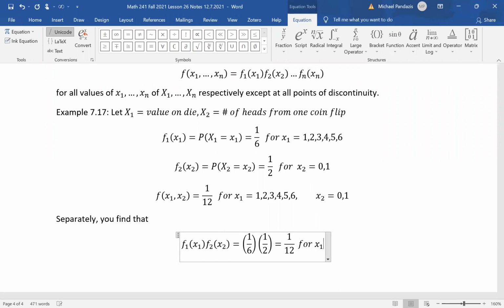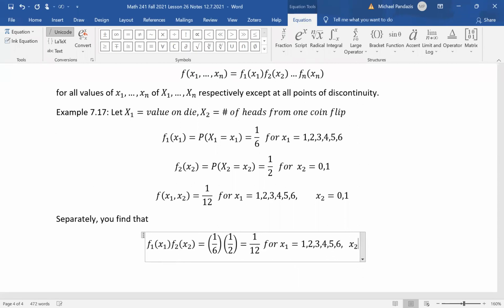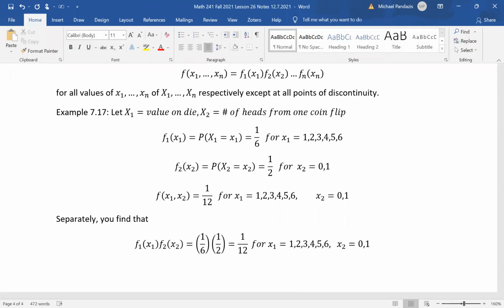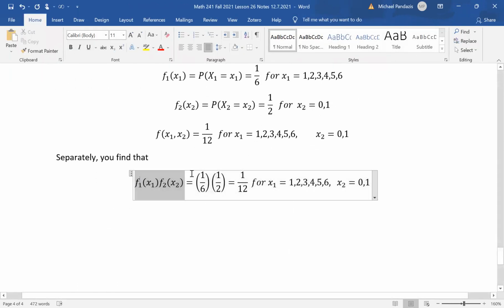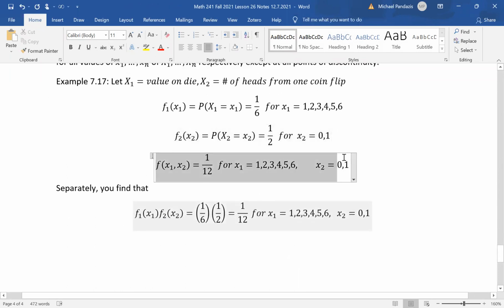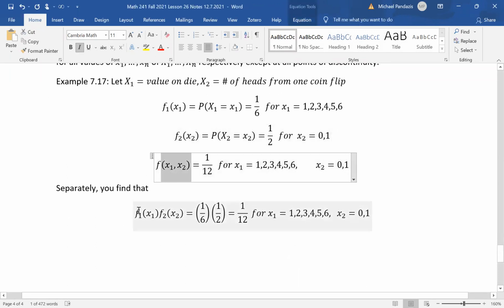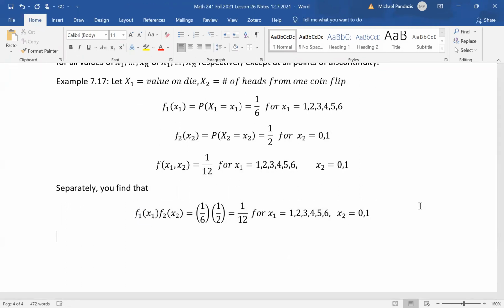This is for x1 equal to 1, 2, 3, 4, 5, or 6, and x2 equal to 0, 1, right? So separately, you find this product is equal to this, right? It's the same as this. And so this is equal to this.